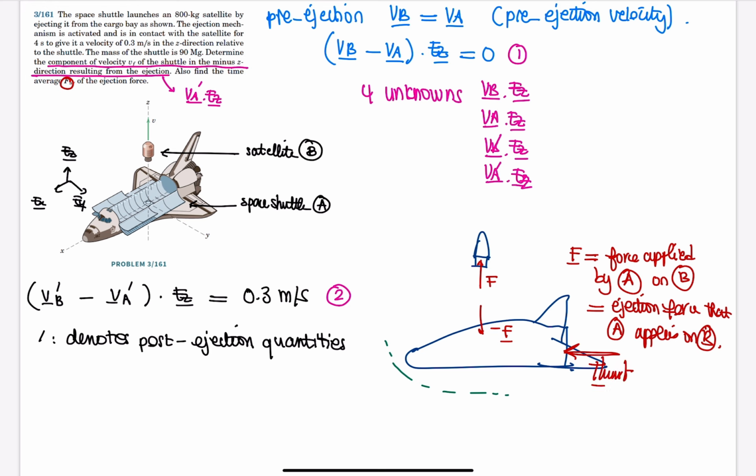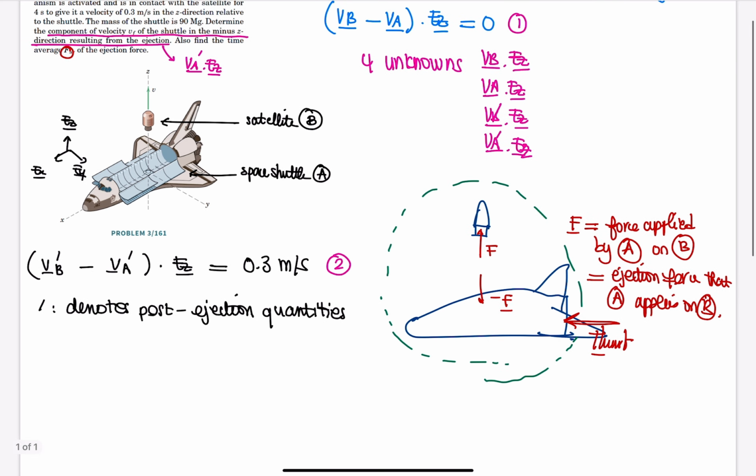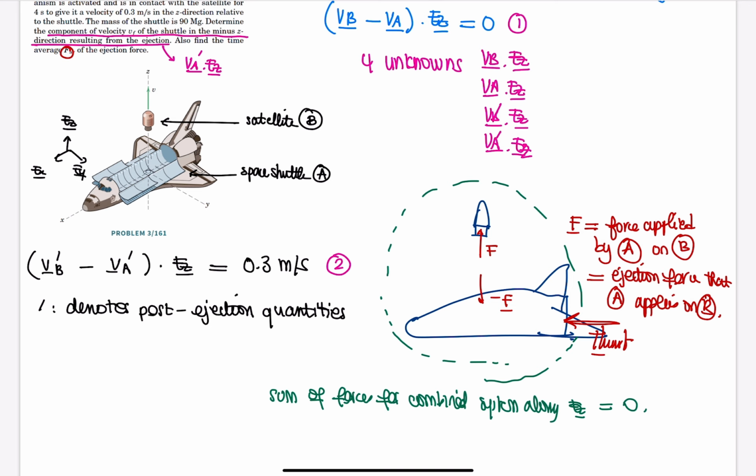But if I consider the combined system, and if I consider the sum of forces along the vertical, along EZ, the sum of forces along EZ for the combined system is equal to 0. So basically what this says is that the linear momentum of the system during ejection is conserved.